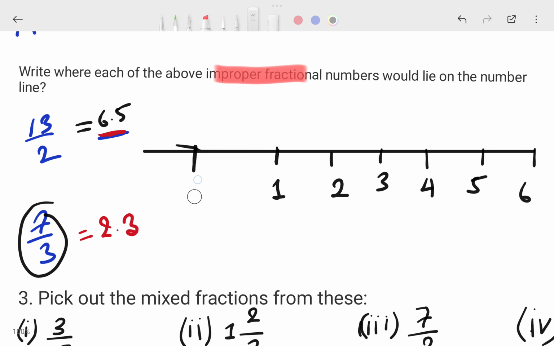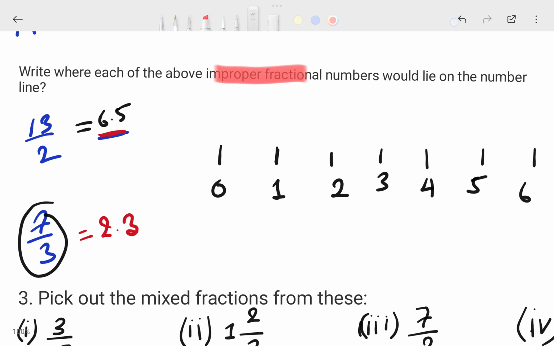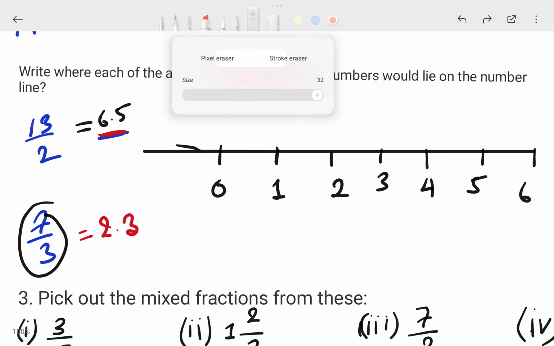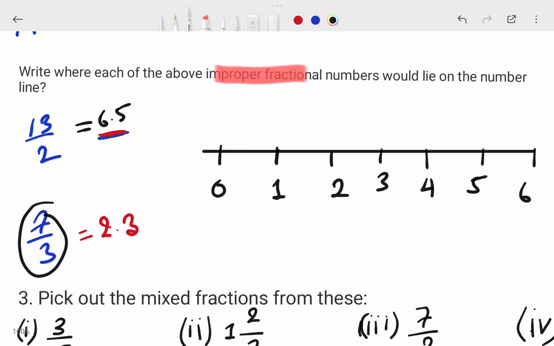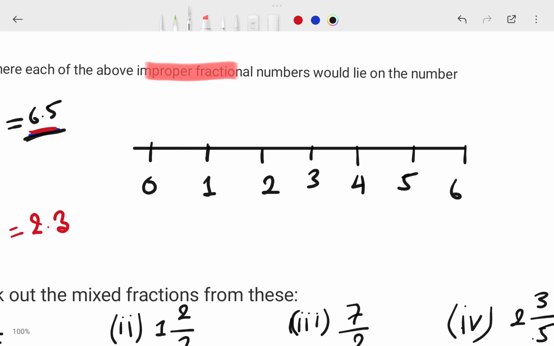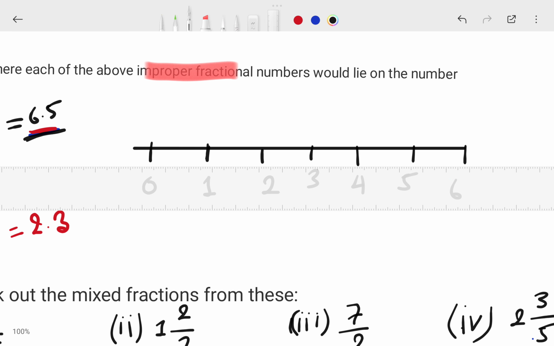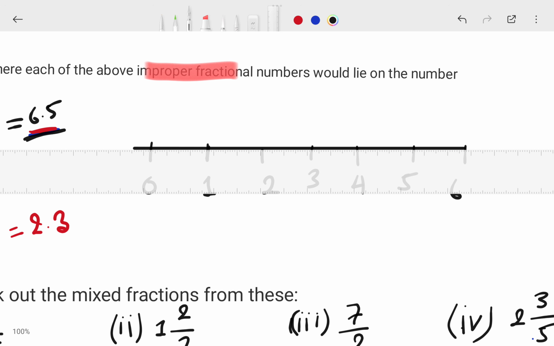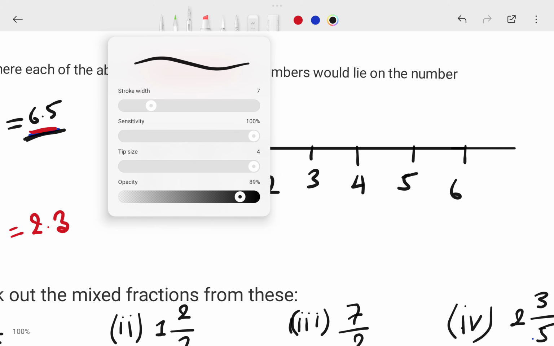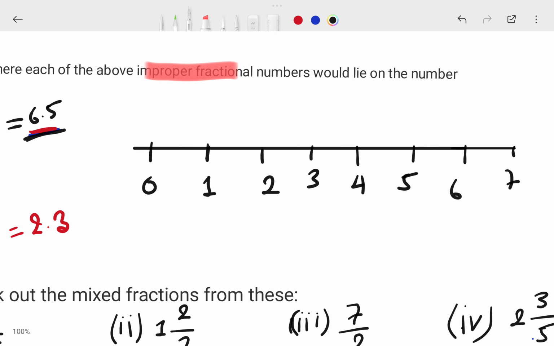Okay, so in this one, 6.5, where will 6.5 come? One number extra we have to take. This is 7. Okay?